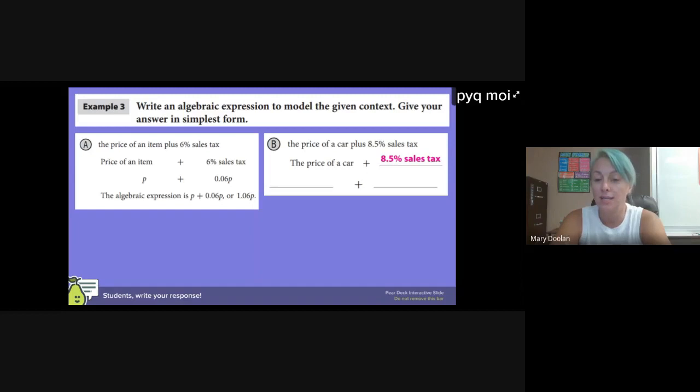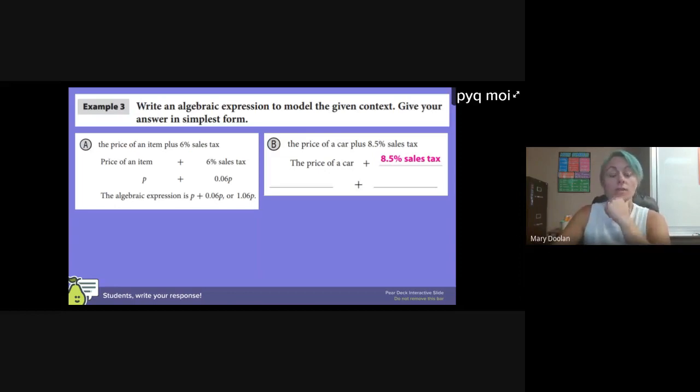How do I take 8 5/10%, change it into a decimal, and then show that decimal being multiplied by the original price of the car? You have to be consistent with your variables because they're going to show up 2 times in your expression.